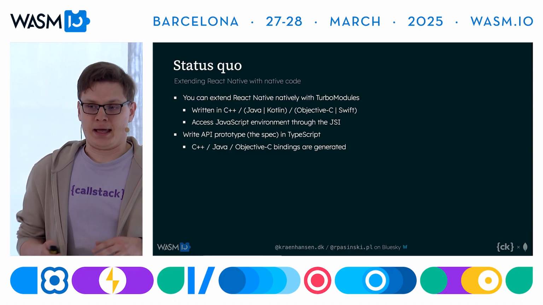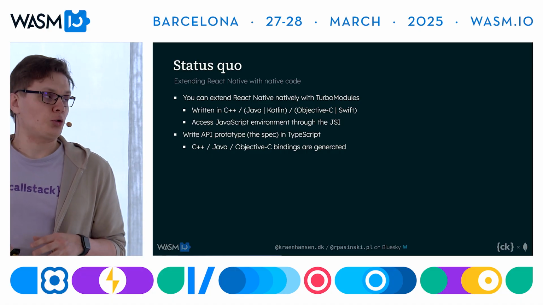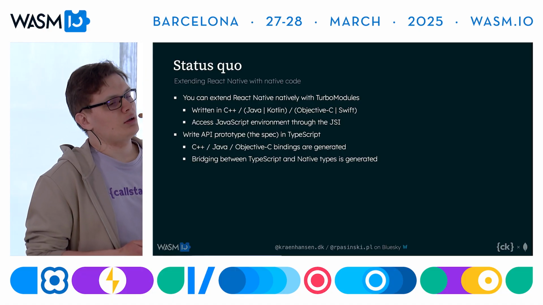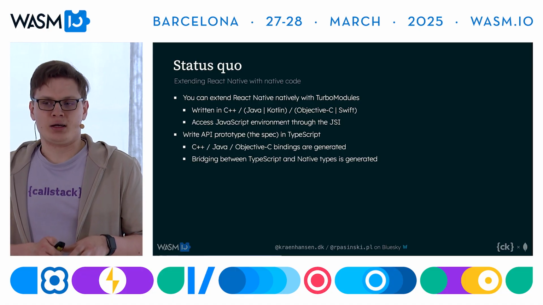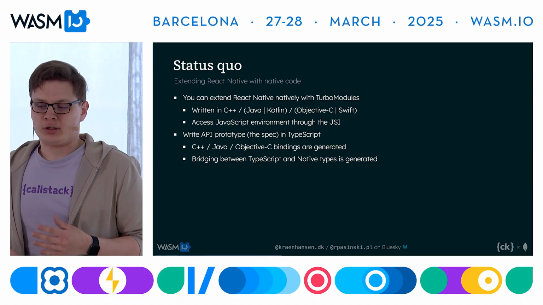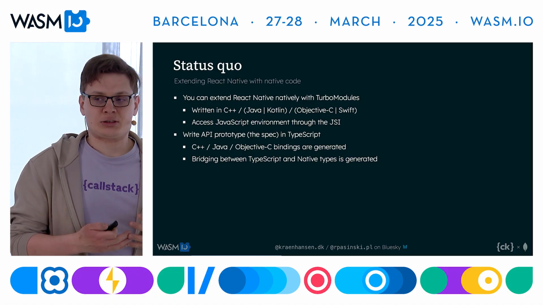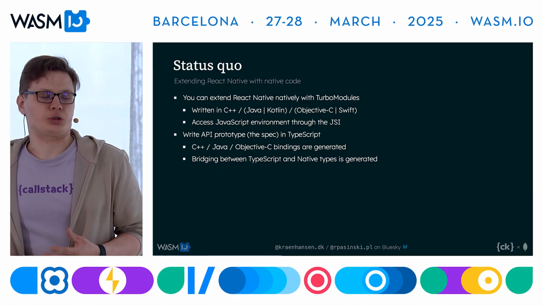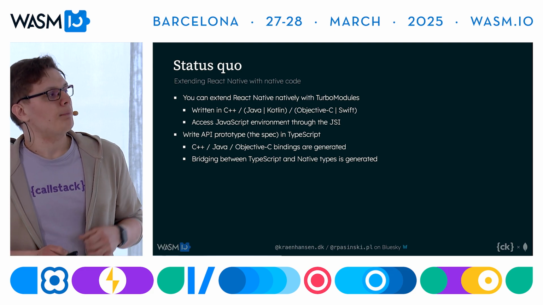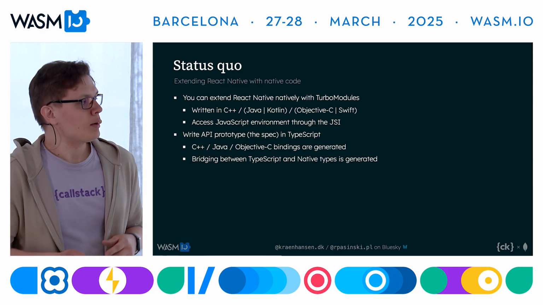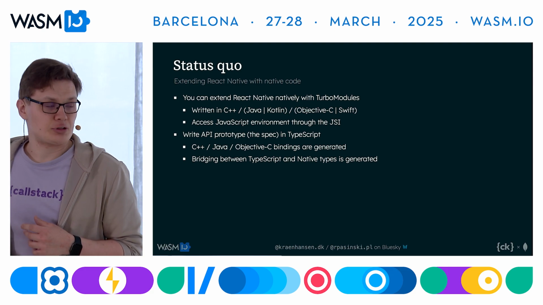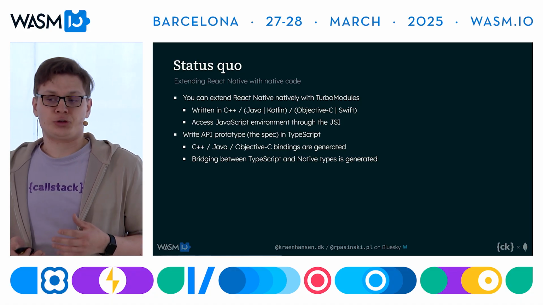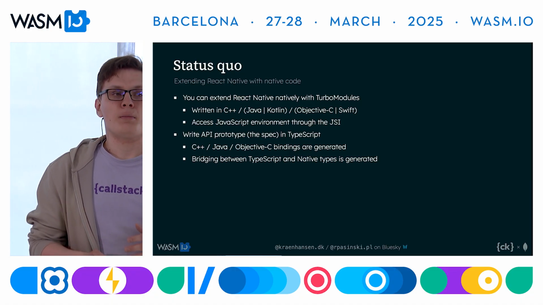Rather than writing it by hand, we are using a tool called Codegen that, looking at this TypeScript spec, generates the corresponding native code to allow us to implement and bring this functionality to React Native. The bridging between TypeScript and native code is also generated, so we are not limited to primitive types.